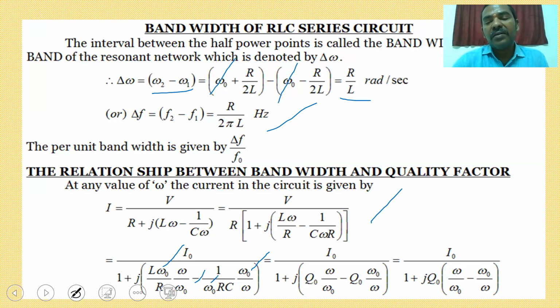So I equals I naught divided by 1 plus j times of Q naught into (omega by omega naught minus omega naught by omega). The quality factor always depends upon the frequency under resonance.